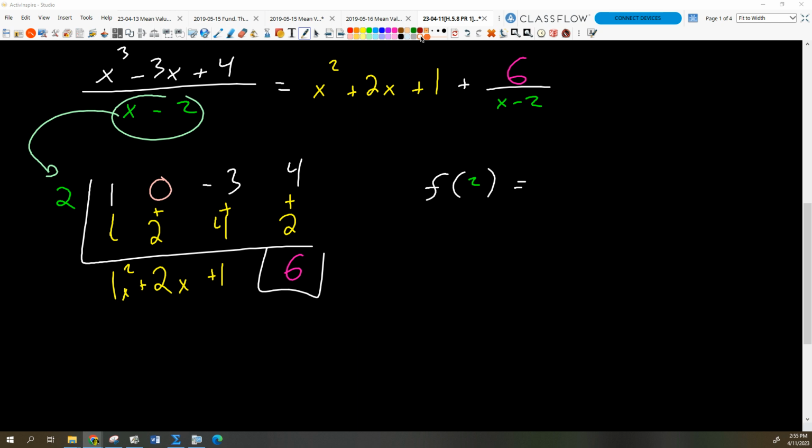What is it equal to? If I plug that into my original one, I get 8 minus 6 is 2, plus 4 is, well, we knew that by the remainder theorem, didn't we? Because whatever the remainder is, that's the value of the function at the zero of the denominator. Everybody get that?